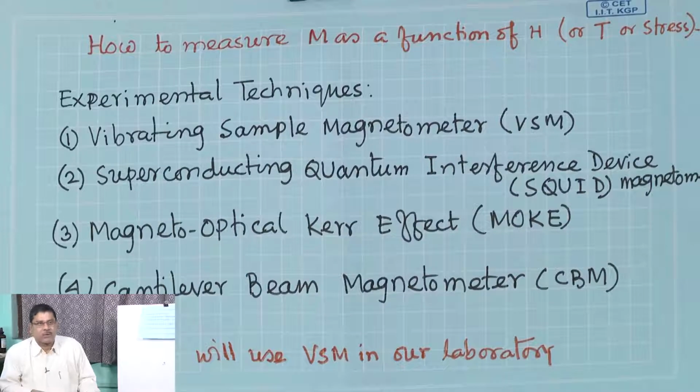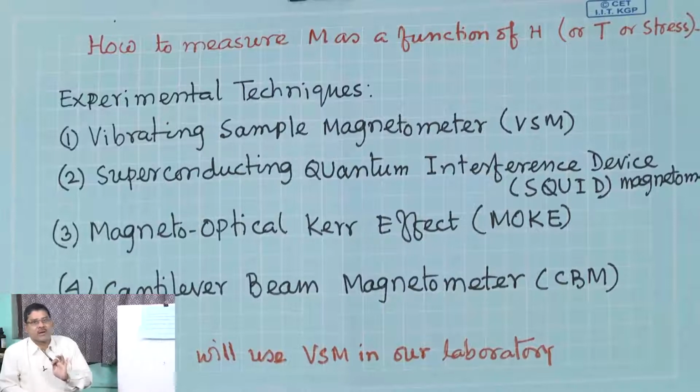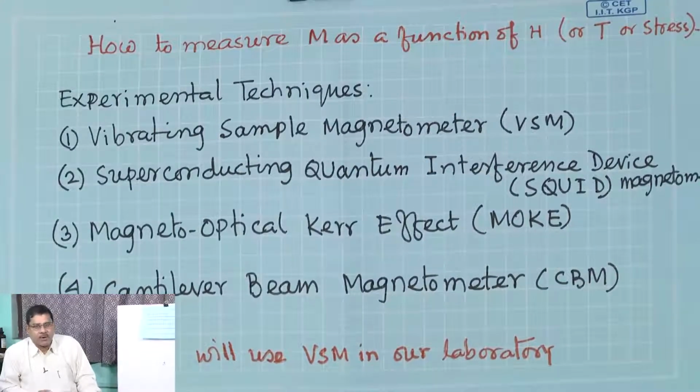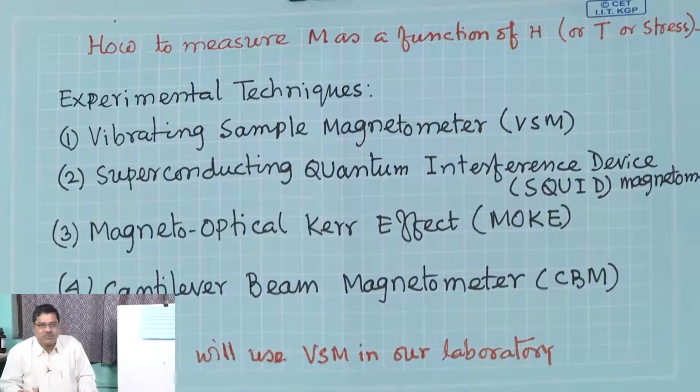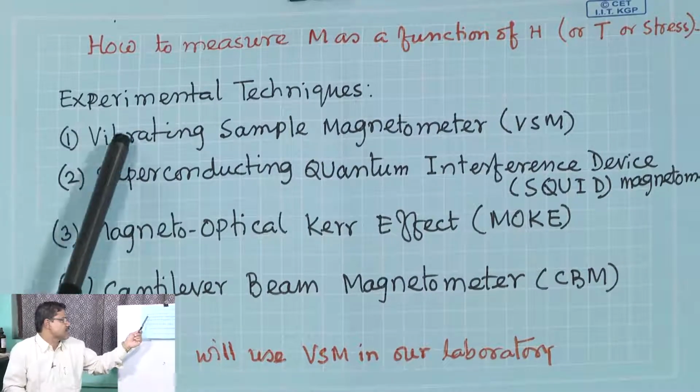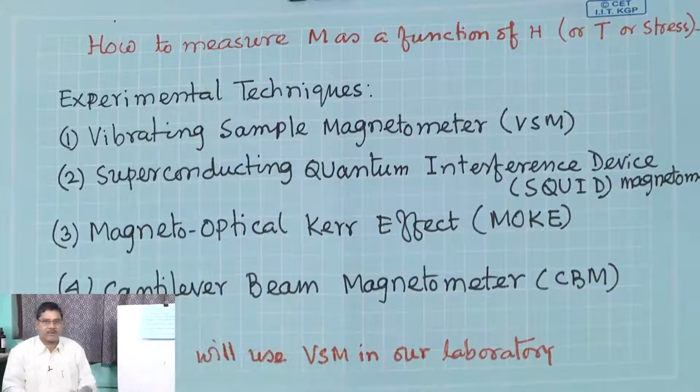Using this magnetometer one can get all this information. So, there are 4 techniques, and one of them you can use. In our teaching laboratory, we use the VSM, vibrating sample magnetometer.